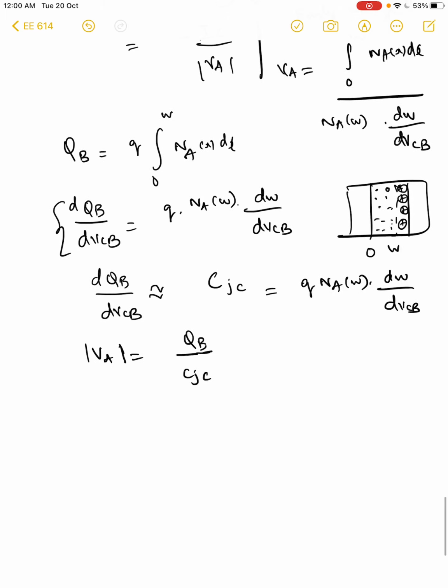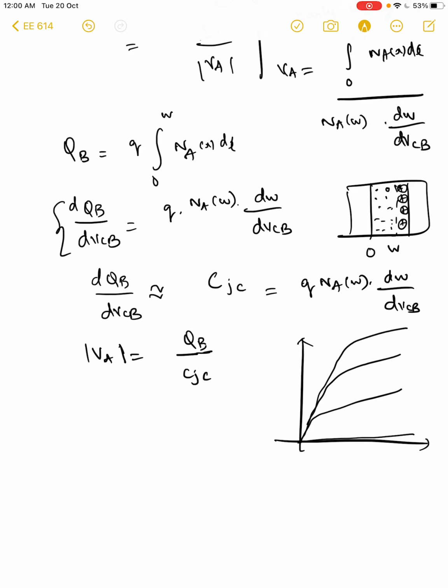So in the characteristic that we saw, something like this, it can be proved that the slope is same as the intercept in the x, so the slope we saw is VA. It can be proved that if the base width is small enough, you will have this as VA, that is its intercept in the x-axis, right?